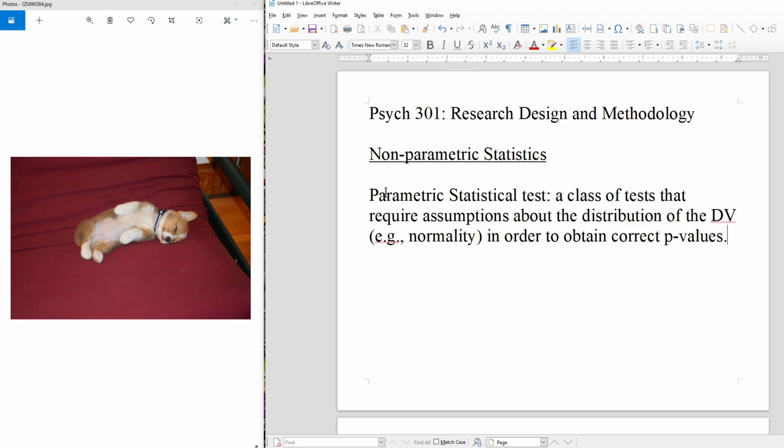Okay, parametric statistical test: a class of tests that require assumptions about the distribution of the DV, for example normality, in order to obtain correct p-values.